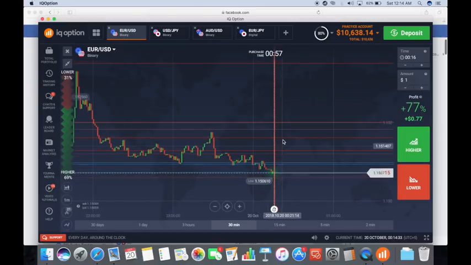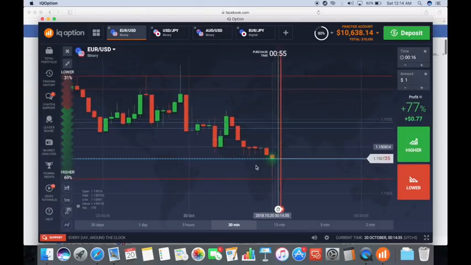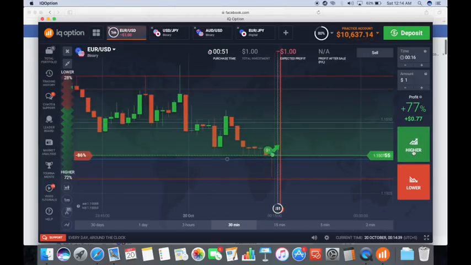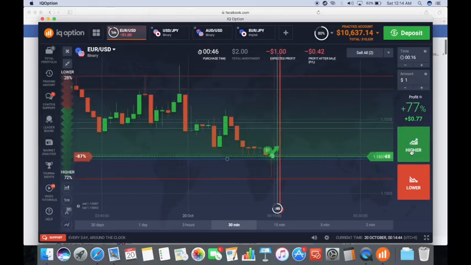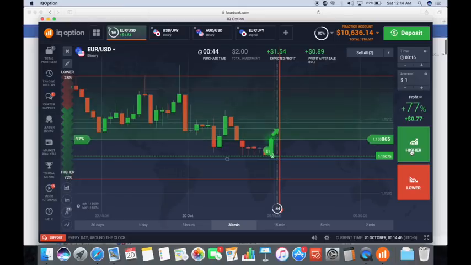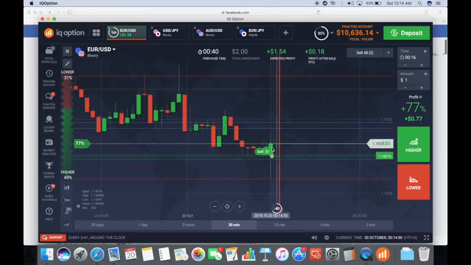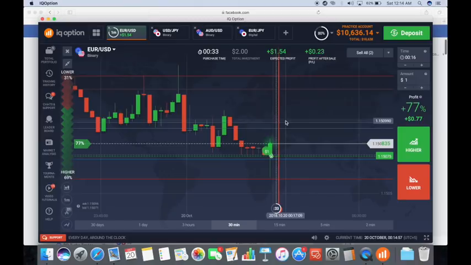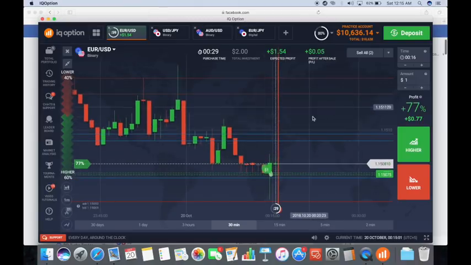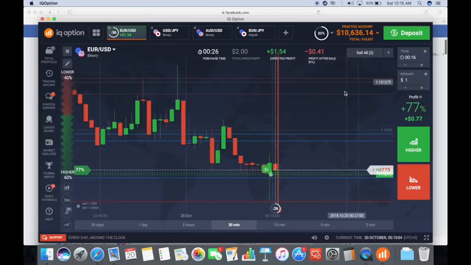It actually pierced through my demand level. Damn, awesome. You see, a quick bounce from here. Still lots of purchase time left. This bounce can be over, right? It can be over.